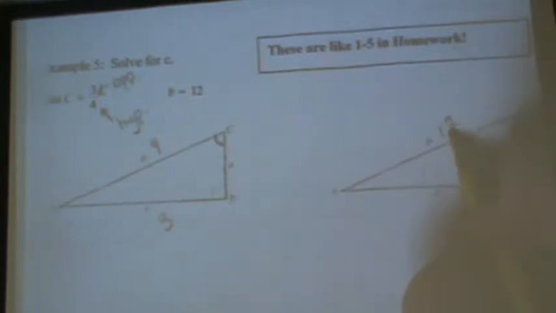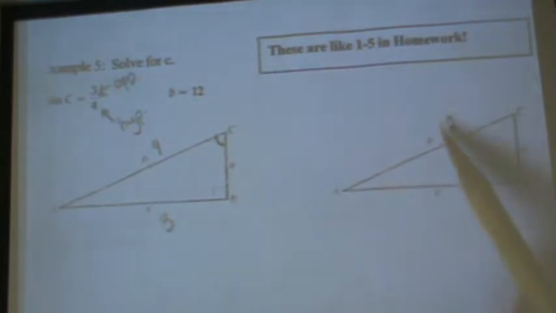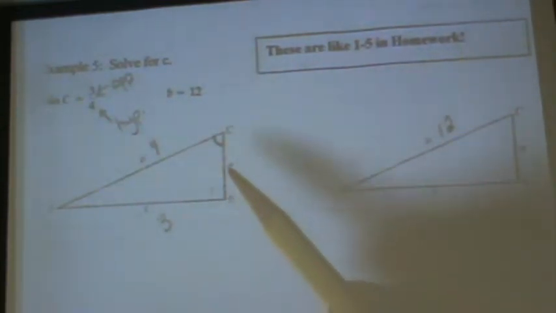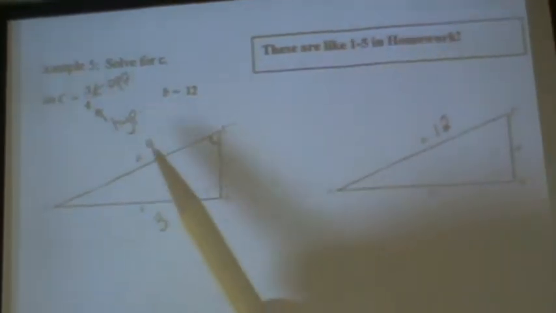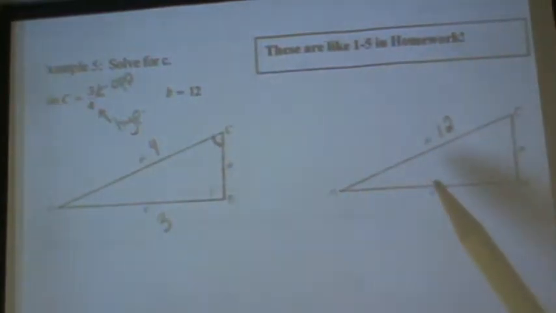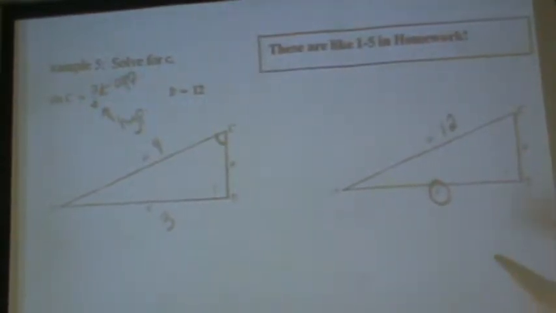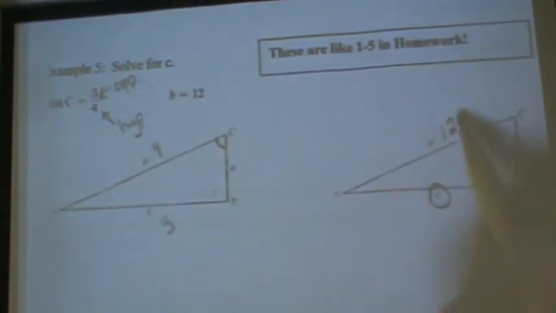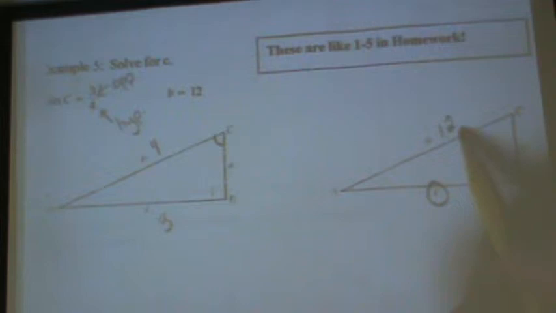So using this other triangle, B is 12. So these are similar triangles, so we can set our ratios equal to each other. So we're looking for this C. It would be 9 because 4 times 3 equals 12.